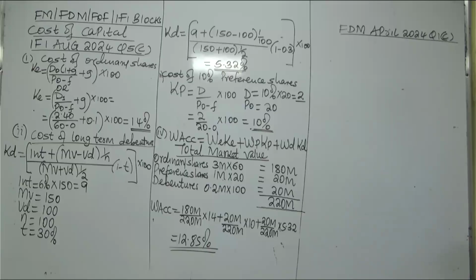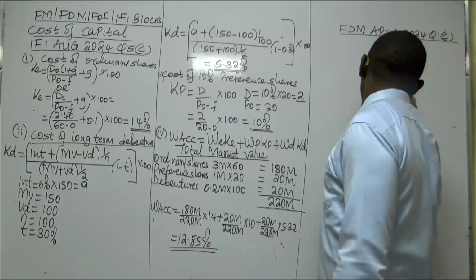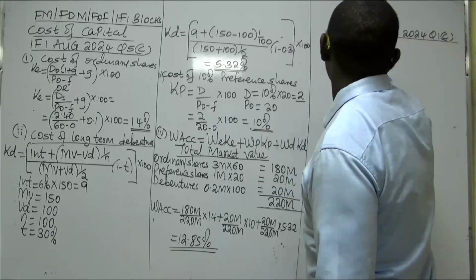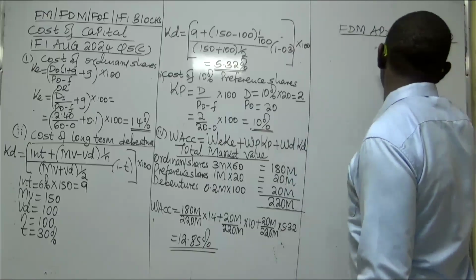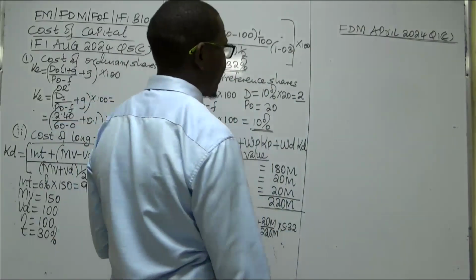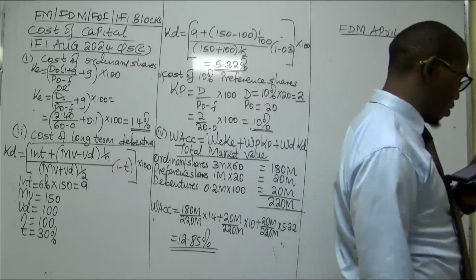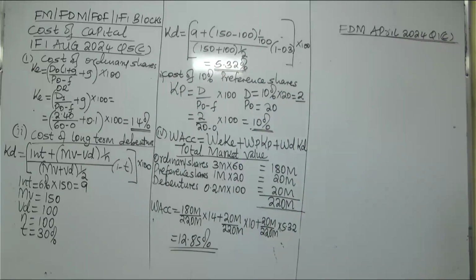If you look at the other one, it was on WACC. But the last time they had us on WMCC, that is what you are expecting. So FDM April 2024, question number 1C.